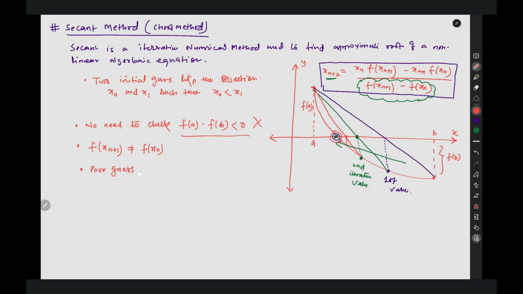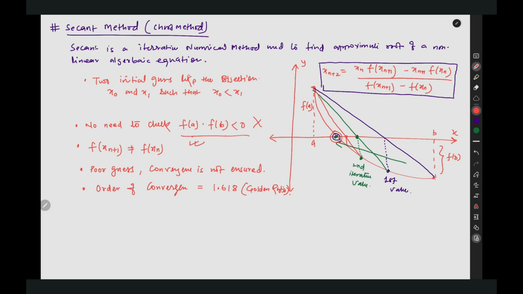If we take a poor guess, then convergence is not guaranteed in this method. Convergence is not ensured because the initial guess values we are taking do not lie on both sides, meaning the product is not negative. The order of convergence for this method is 1.618, which is also called the golden ratio.